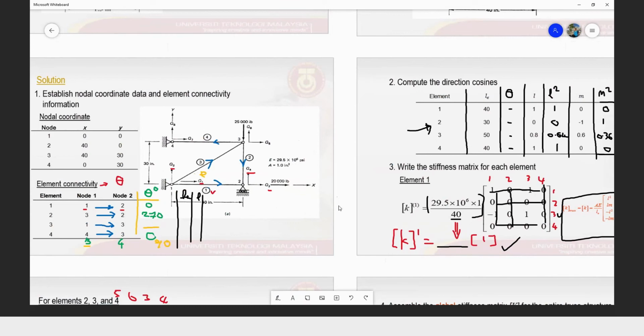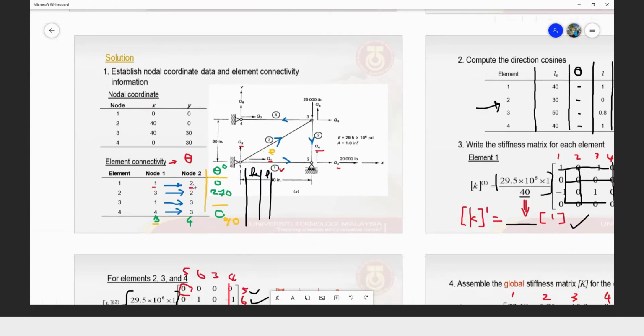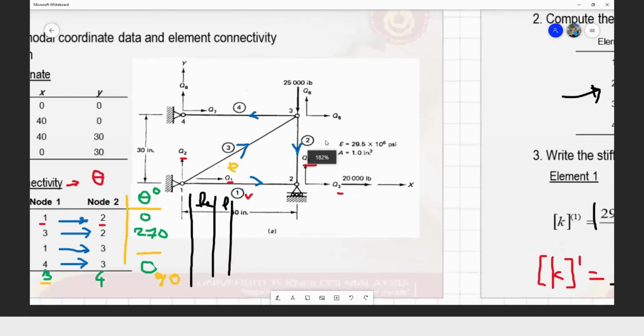And then kita 3, 4, 5, 6 tu depending on the element activity. Dia connected daripada mana ke mana. Kalau daripada 3 ke 2, kita start daripada 3 lah. Kita listkan dia, maksudnya daripada 3 ke 2, kita listkan dia starting from point number 3. Point number 3 kita tengok yang x direction dia dulu adalah 5, 6 and then followed by 3 and 4.